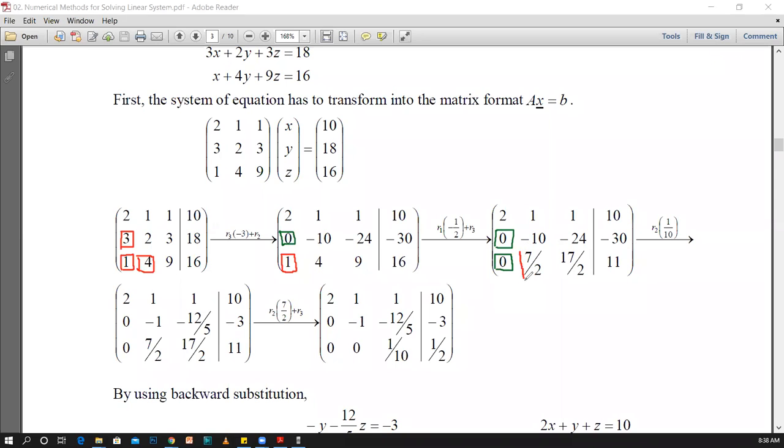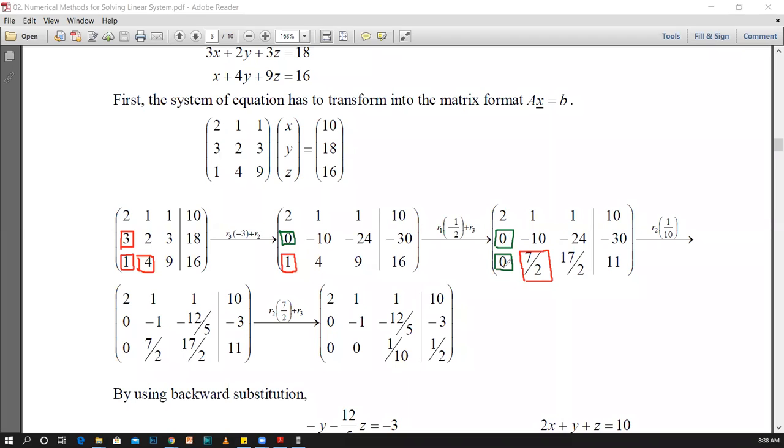Therefore, now we have to pay attention to this value. Think about if you need to change this value. If we use the first row to change it, once you multiply the first row with any given value and add it to row number 3, there will be a change in this value also.